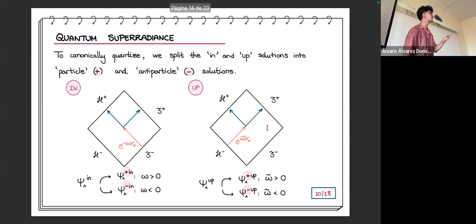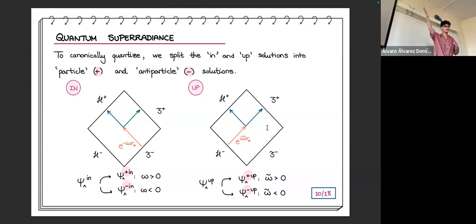The first subset is the ones that go with omega positive. And the other subset, the one that goes with omega negative. That's a first choice for the in modes. Omega positive modes are going to have positive energies, and they are going to be called particles, and omega negative modes are going to have negative energies, which is actually not so, but for you to understand, they all have positive energies, but then we are going to take the complex conjugate, but I don't want to go into unnecessary things.